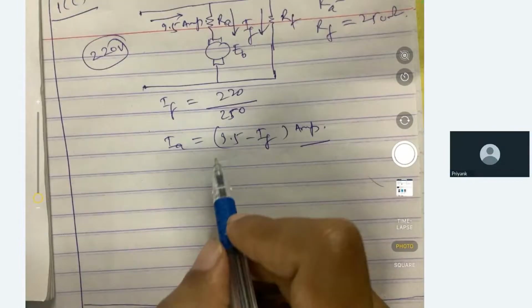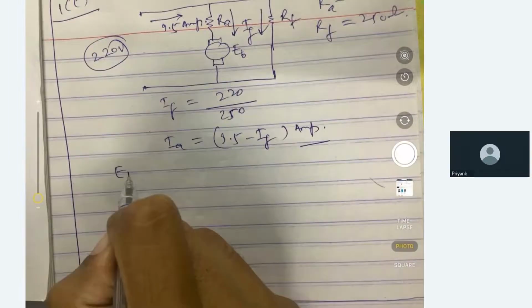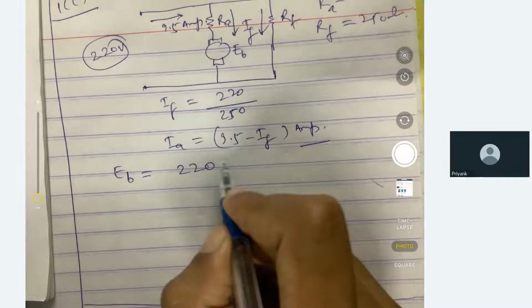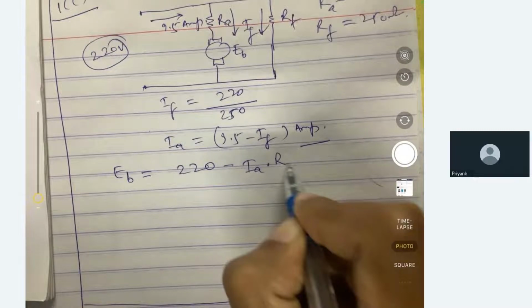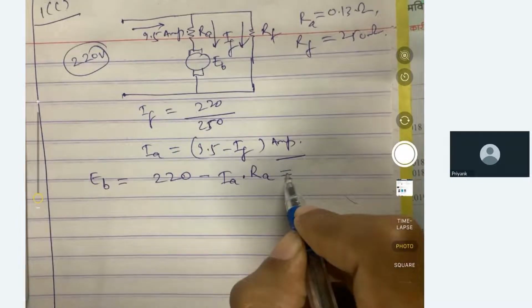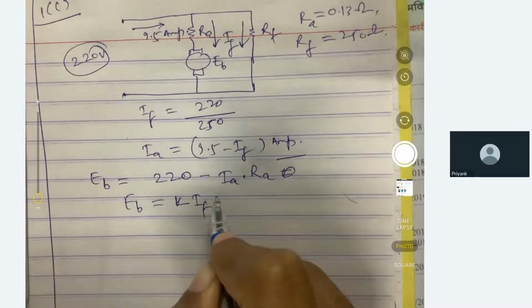Now we will find the back EMF. At full load condition, EB will be 220 minus IA into RA. Also, EB is equal to K IF omega m.